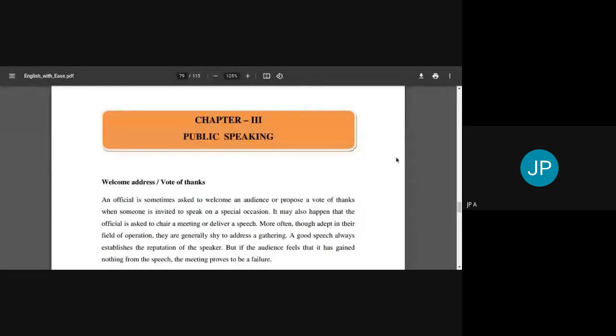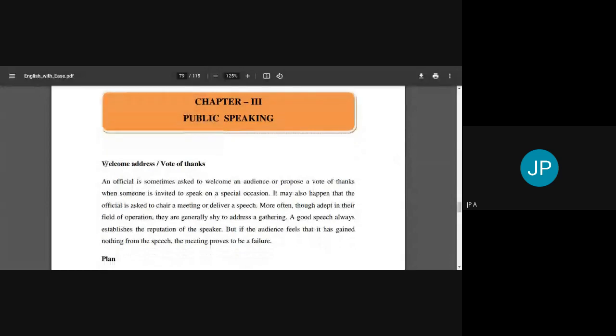These are the things that we discussed in the first year, that is how to prepare a welcome speech and vote of thanks. Welcome speech is the beginning of a program and vote of thanks ends a program. Structures that are used for these things are totally different.